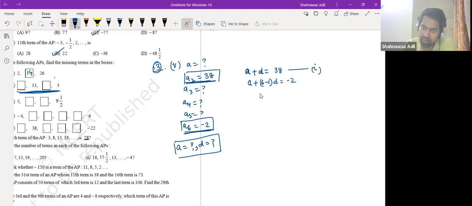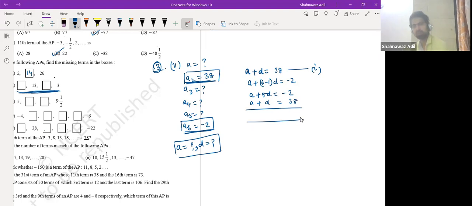The second equation is A plus 5D is 18, right? So you have these two equations. So solve these two and tell me what would be here. Any method you will try, substitution, elimination, etc. Solve these two equations and tell me.